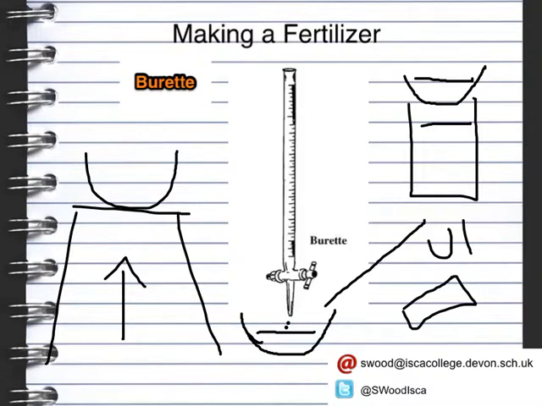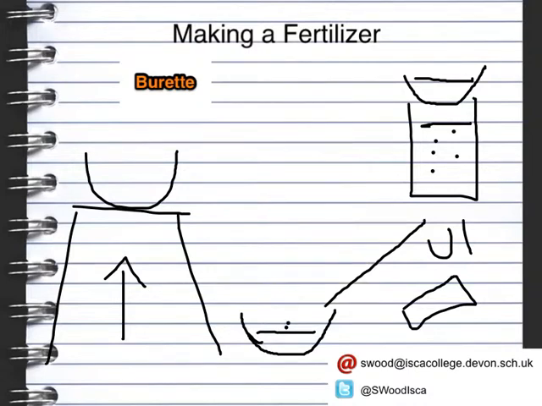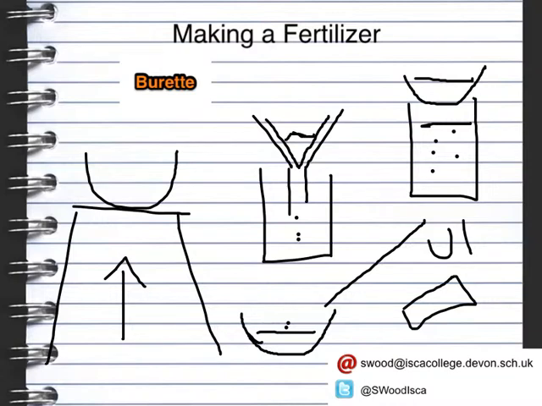This way it does take a bit longer, but we do get a better indication of the fertilizer that we make. Then if we've got any solution left, we can filter that using a filter funnel, get rid of the water, and we're left with the filter paper with some of the fertilizer on that we can then use.